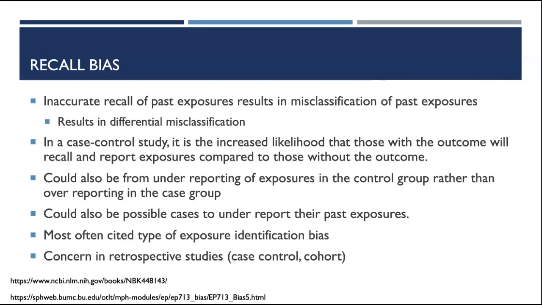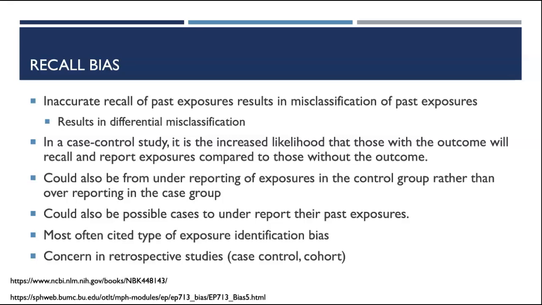We could also get recall bias from underreporting of exposures in the control group rather than overreporting in the case group. It could also be possible that the cases underreport their past exposure. This is the most often cited type of exposure identification bias. It's particularly a concern in retrospective studies, so studies where you are looking back in time.